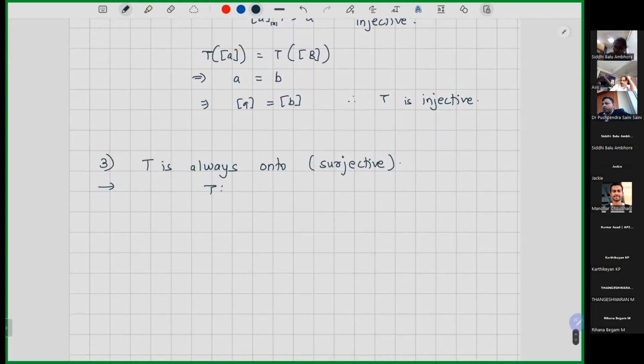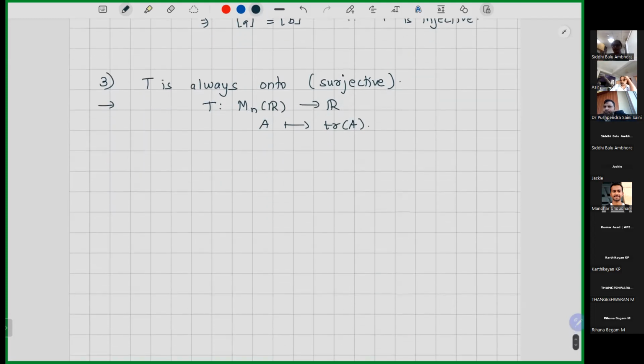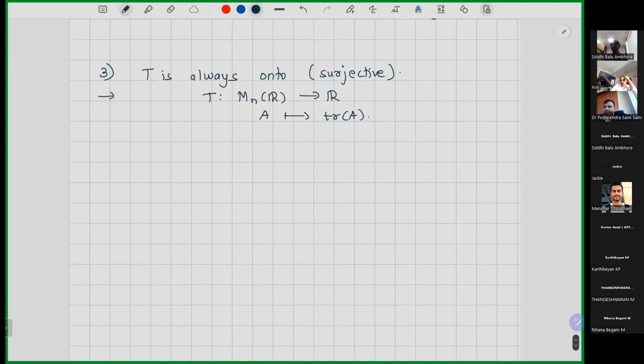So T is from MnR to R such that A going to trace of A. And what is your guess whether this is a surjective map or not? For any given n, it should be onto. Yes, it should be.